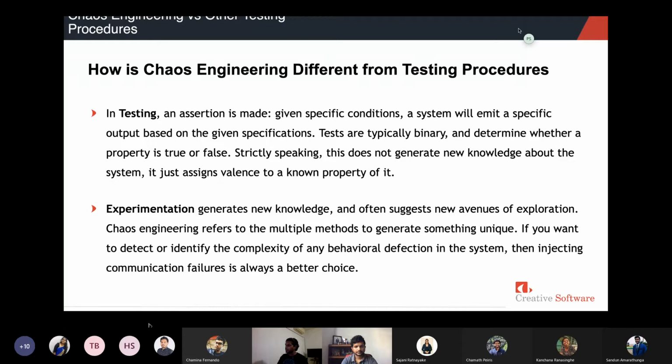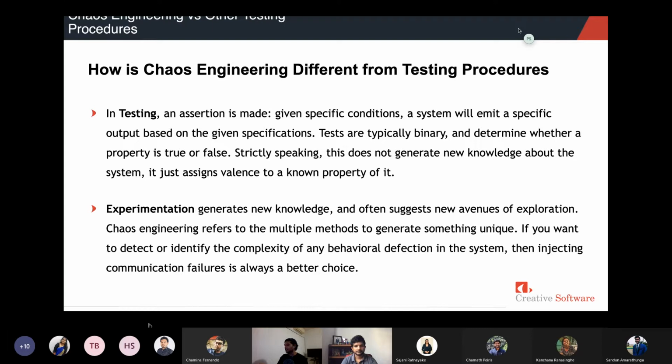It will open up new pathways to look into your system's reliability, maybe some aspects that you have never thought about, to improve the recovery time and get your system very robust. And it also helps to identify the complexity of your system.